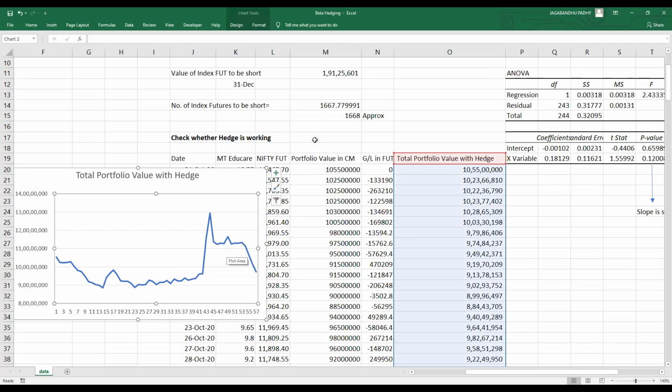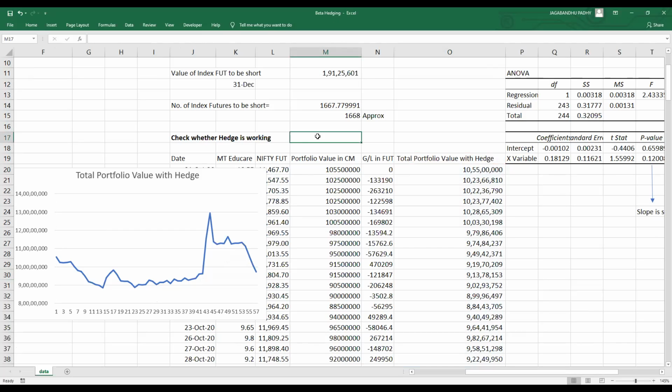And suppose the value lies between 9.55 and 10.55 for the portfolio, and at the end of the day, if we end up with less than 10 lakhs on the expiry, then also we see whether the hedge is working or not.